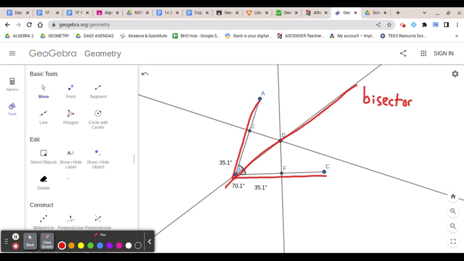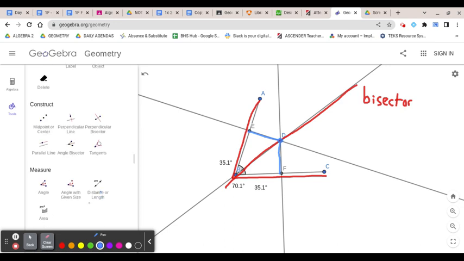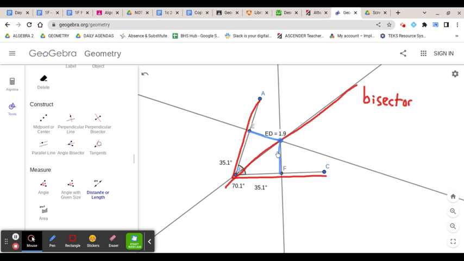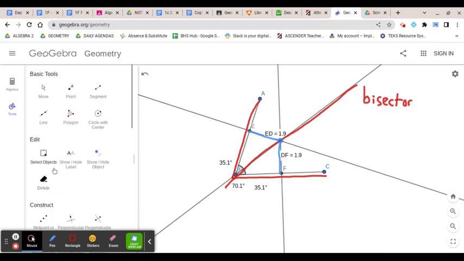Okay? Now we have this point here, D, and D goes to E and D goes to F. If we were to find the distance of DE and DF, this length, E to D, 1.9, D to F, 1.9, and they're the same.